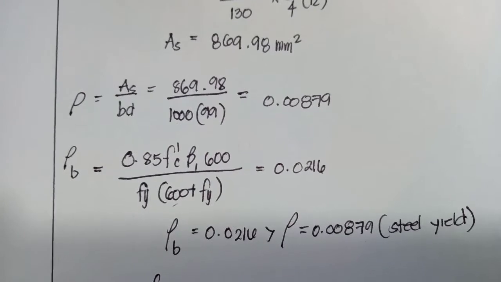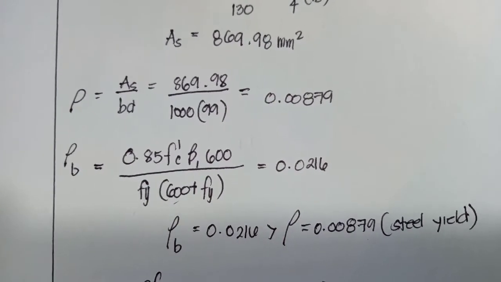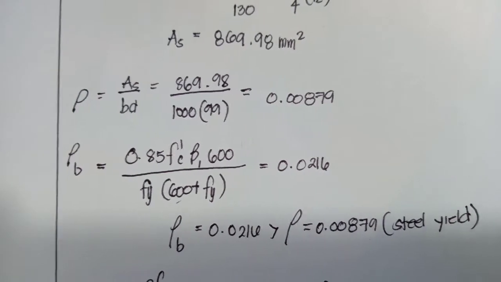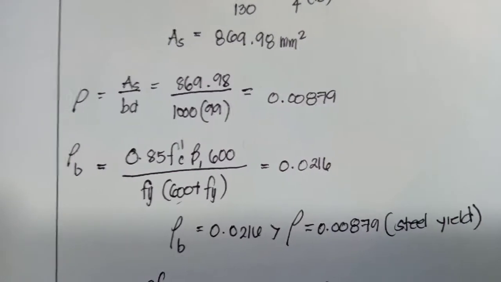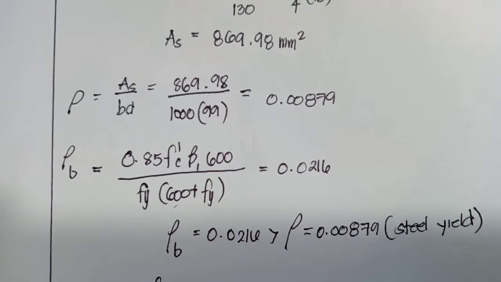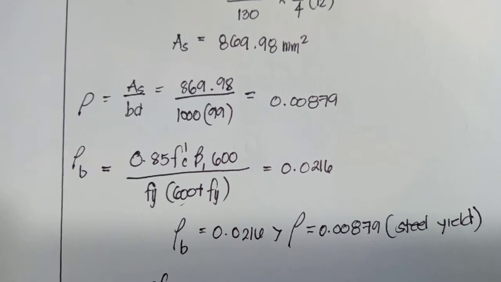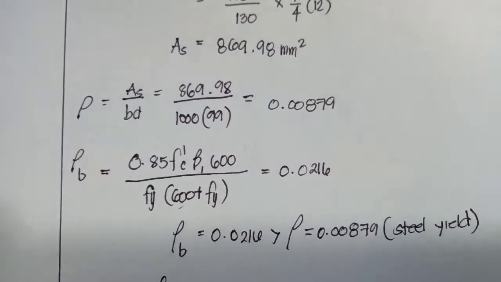Then substituting all the values, we obtain the value for the balanced steel ratio as 0.0216. Since the balanced steel ratio is greater than the required steel ratio, therefore the steel yields.